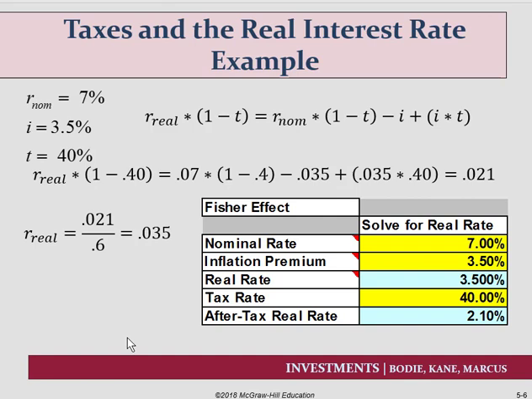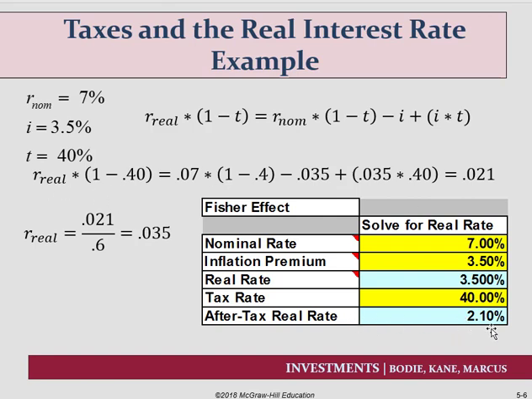What this worksheet helps us do is explore the impact of inflation and taxes on the after-tax real rate. So, if the nominal rate is 7% and inflation is 3.5%, what is the real rate? If we go through this calculation, the first thing we can calculate is the after-tax real rate.